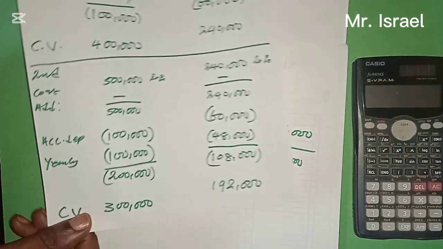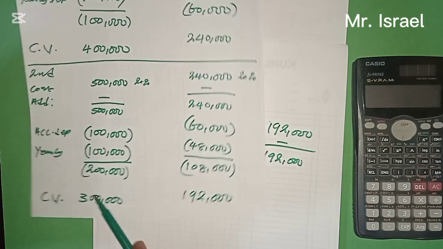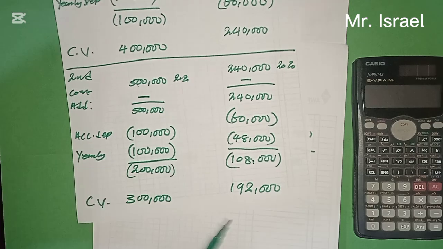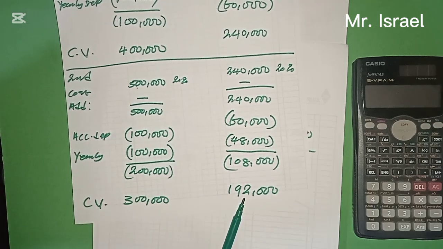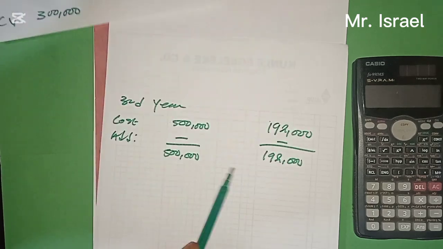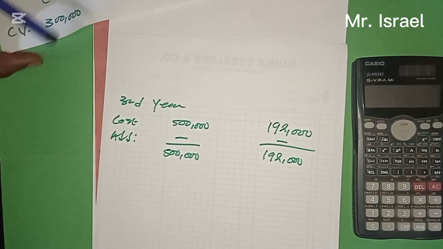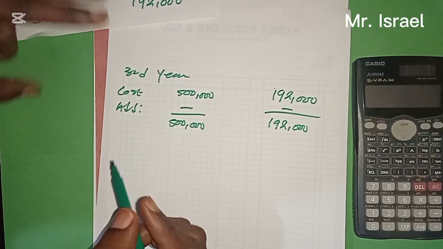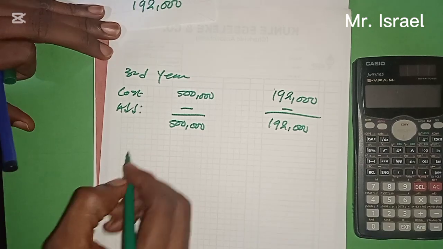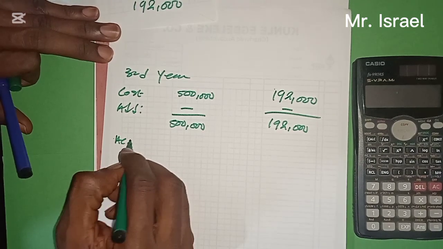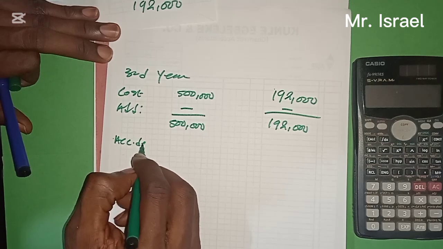All right. This is the carrying amount. We are picking the cost for straight line and we're picking the carrying amount for the reducing balance method, which is what we have here, right? Good. So the next thing now is what? Our accumulated depreciation. What is our accumulated depreciation?